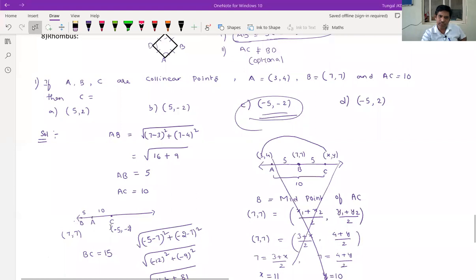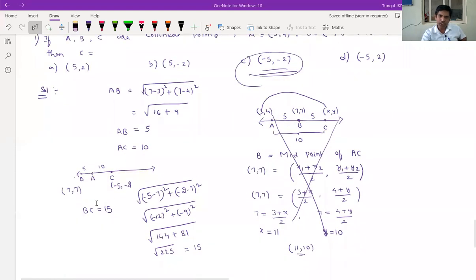So the total BC distance becomes 15. Now where will we get BC distance 15? The B point we already have, and the C point is in the 4 options. Any point you take in the place of C, verify the distance where you get 15. That is the right option. Now I considered the third option here. Distance verified, getting 15 only. Therefore, the third option is the correct one.